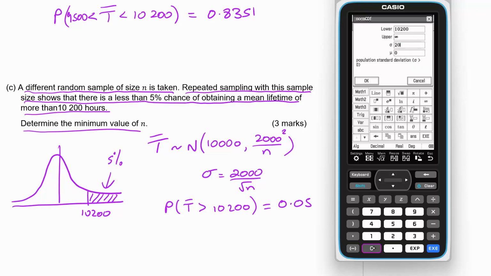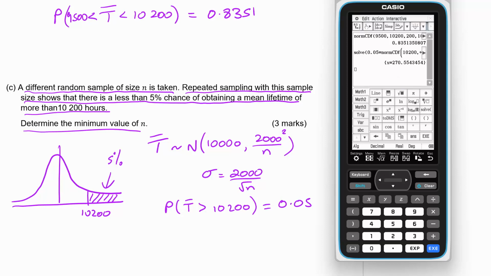Now sigma is going to be 2,000 divided by the square root of x, and the mean is 10,000. And let's OK that.